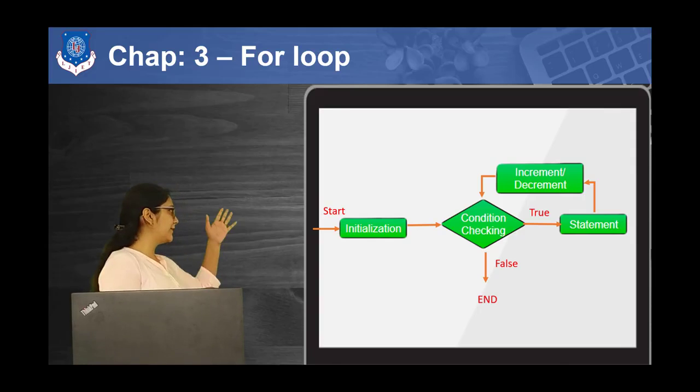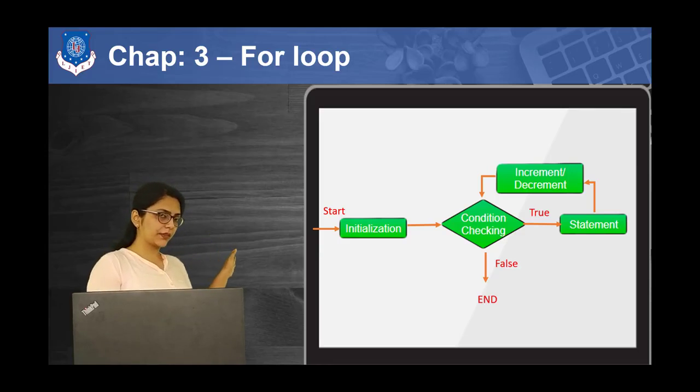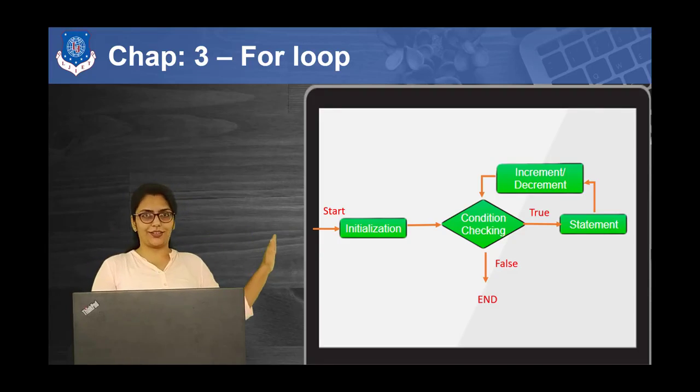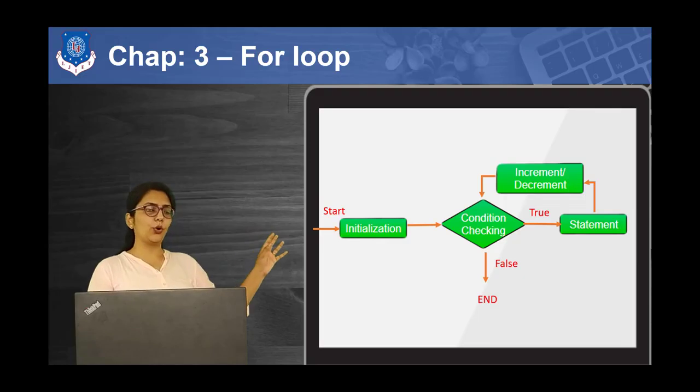As you can see, here is the flow chart for the for loop. First we start, then we check the condition because it is an entry control loop. If the condition is false, then the loop will end and the control will come outside of the loop.